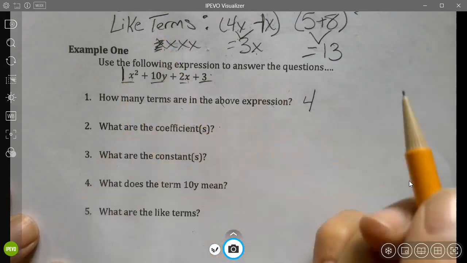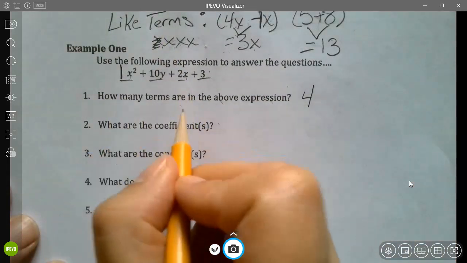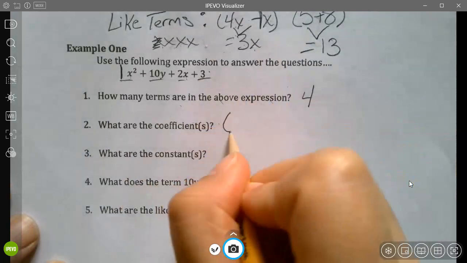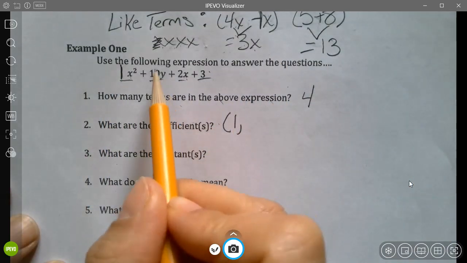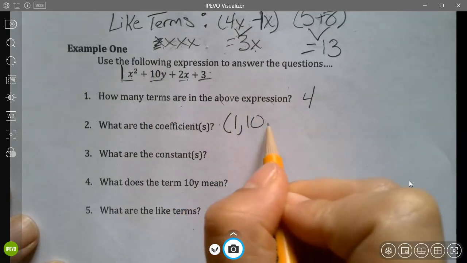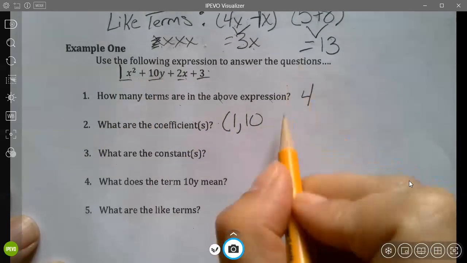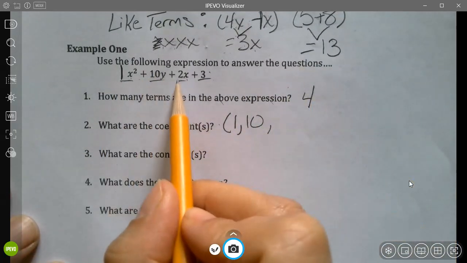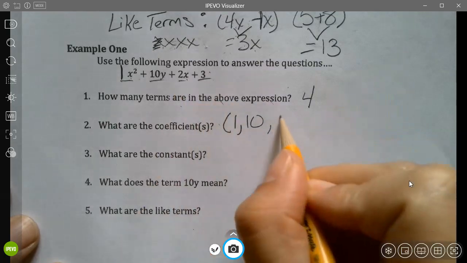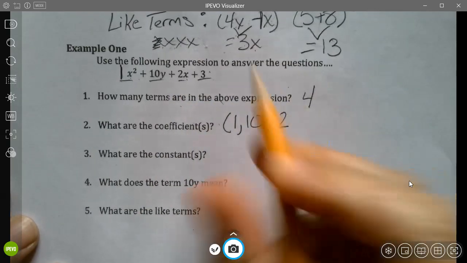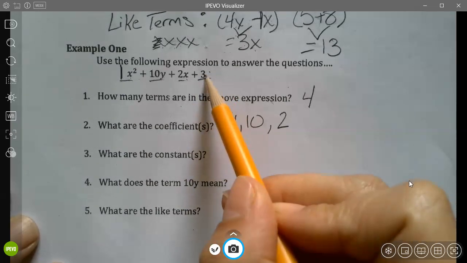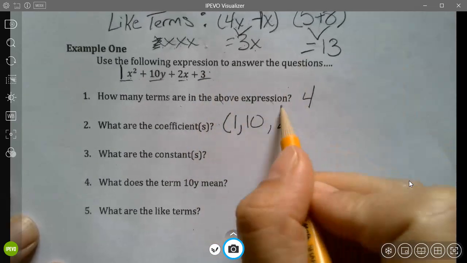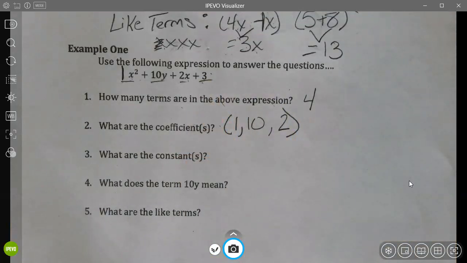I only have 1 x squared. So what are the coefficients? Look at the first term. I have a 1. I have a variable, so this is 10y, and they're positive. I have a variable here, so the number with it, its coefficient, is a positive 2. And then 3 doesn't have a coefficient because it doesn't have a variable. That would just be a constant.